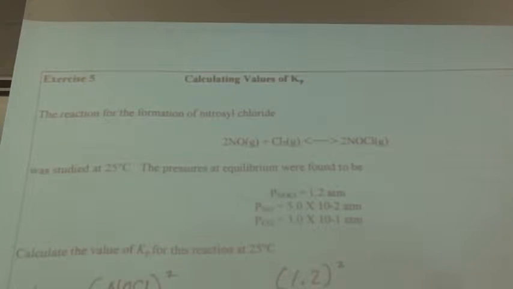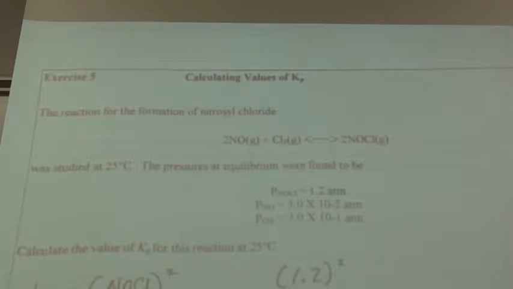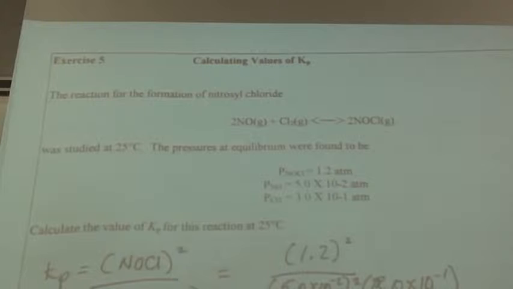So we're just going to find the equilibrium constant, or the K value, right now. 3.0 times 10 to the negative 1. When I do my math, following the order of operations and making sure I don't mess up, I find that Kp is equal to 1920. All right, Kp is equal to 1920.